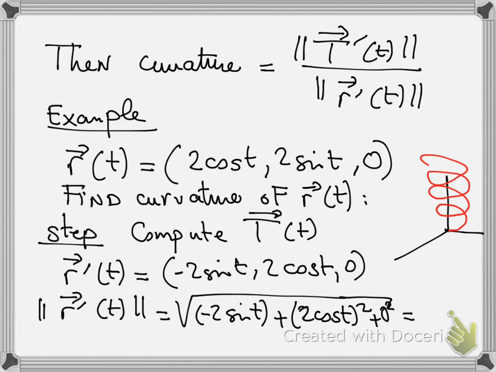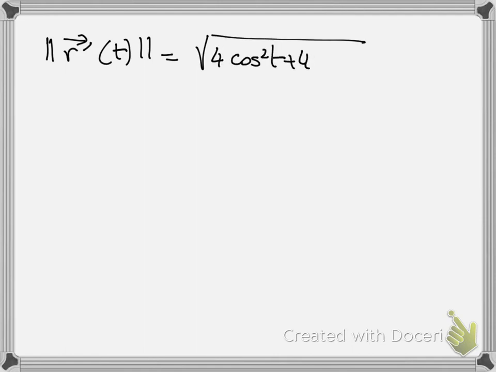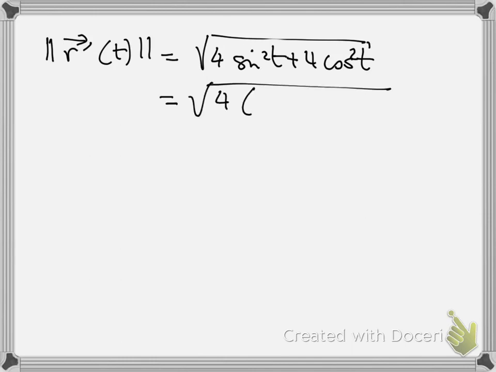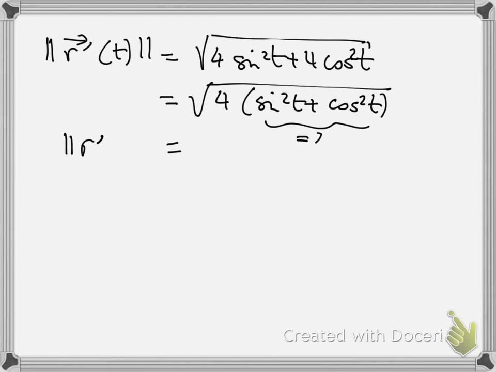So that equals 4 sine squared of t plus 4 cosine squared of t. You can factor out 4, so that's the square root of 4 times sine squared plus cosine squared, which is equal to 1, of course. So the length of r prime of t is the square root of 4, which is 2.